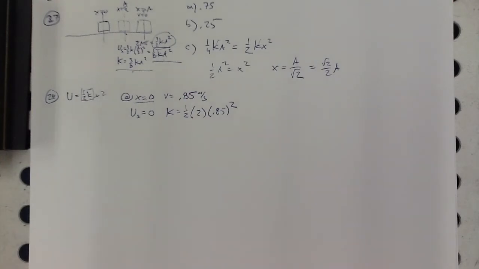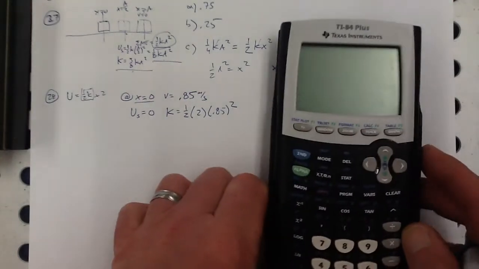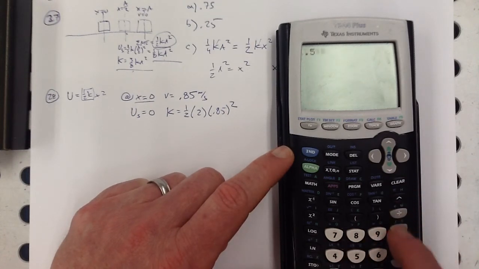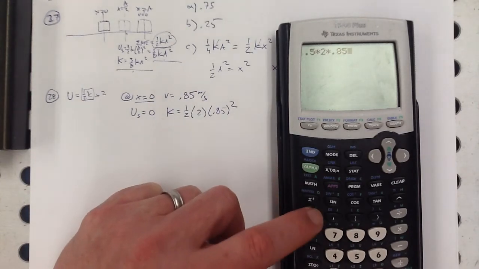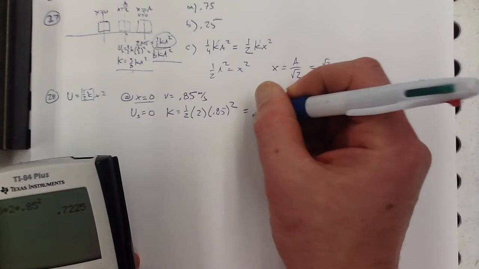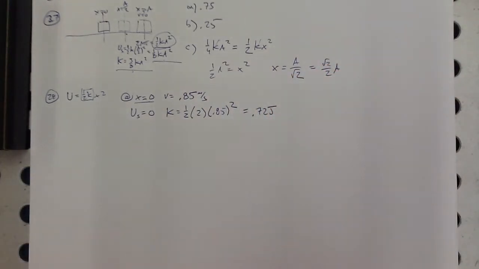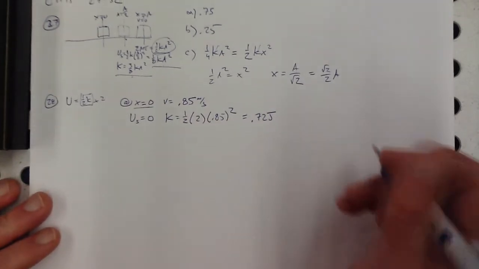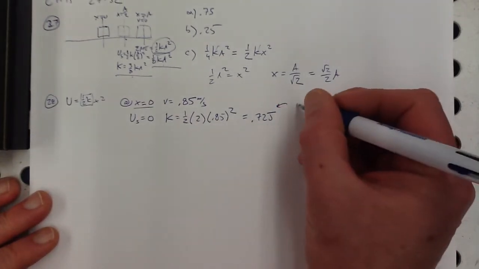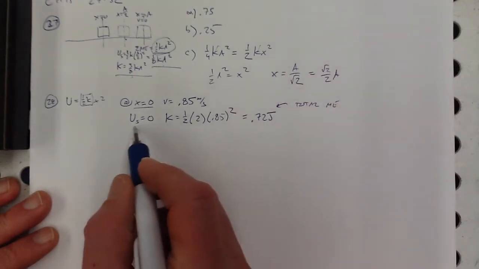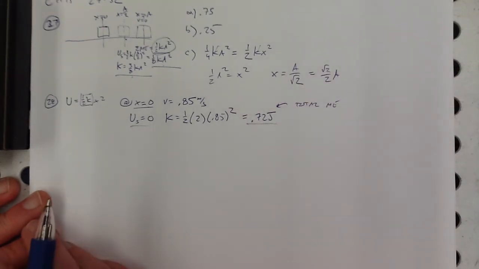There it is. One half mv squared. Okay, so that's the total mechanical energy, because here this is 0, this is 0.72, so that's the total.